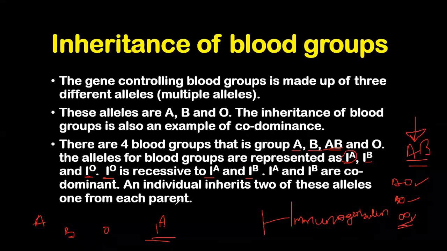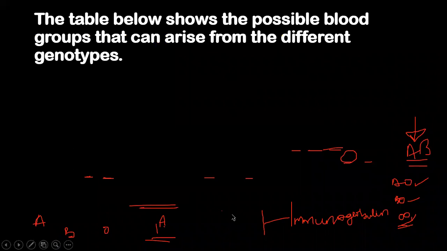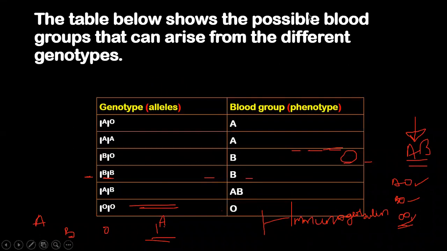So an individual inherits 2 of these alleles, one from each parent, like what I told you. You are half your mother and half your dad. So this table summarizes all the possible genotypes and phenotypes of blood groups.